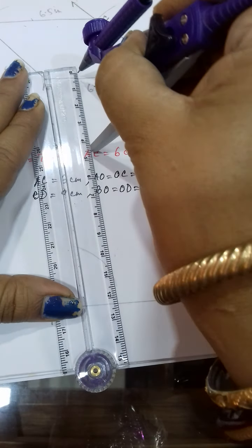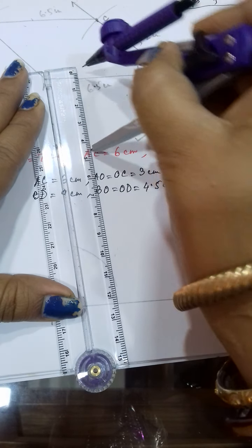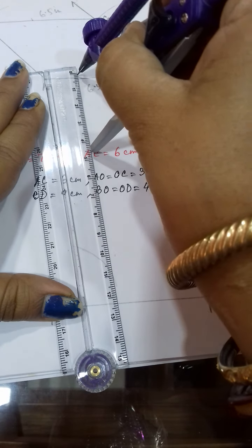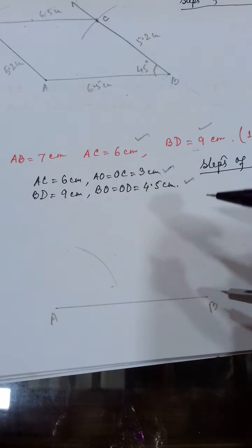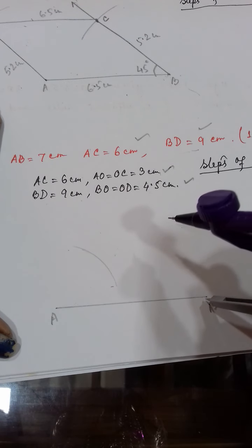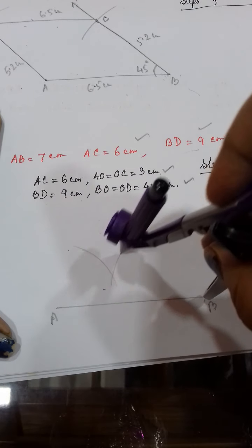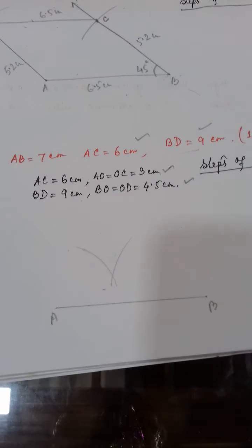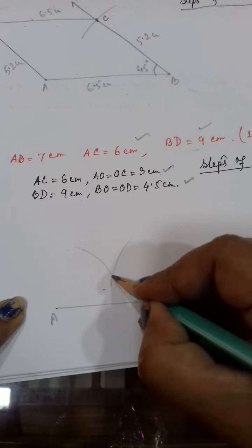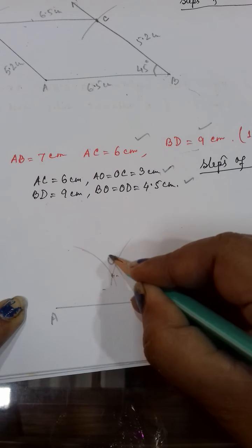So you take the measurement of 4.5 centimeter, perfect measurement. Clear? With B as the center, 4.5 centimeter you will draw another arc. These two arcs have intersected at this point, point O.